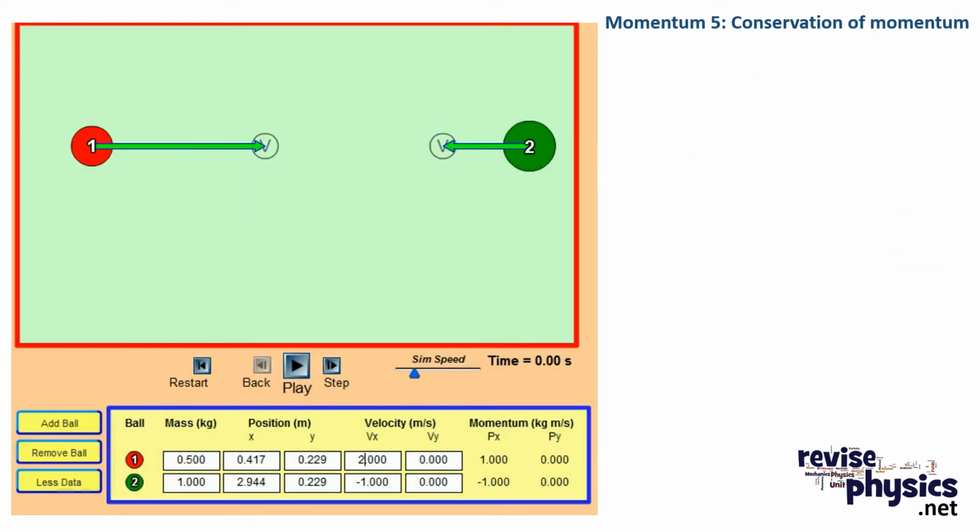It works because of conservation of momentum. And this works if they approach each other as well. They've got the same masses, but this time m1 is moving with a positive velocity of +2, m2 is moving with a negative velocity of -1, and they're moving towards each other.